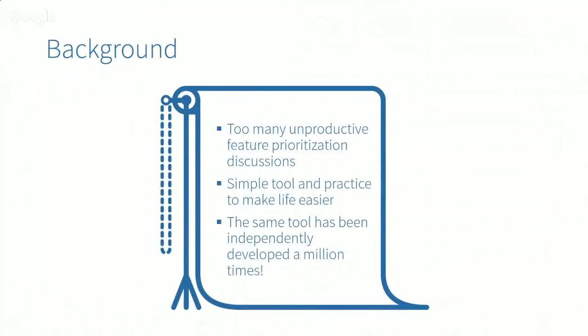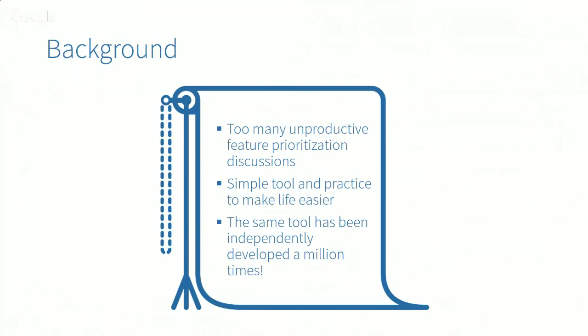So what is the background to this topic? I've been a product manager a long time in big shops. A lot of people have opinions. And I was always finding myself in these conversations that I didn't think were particularly productive around what should we include in the release, what shouldn't we. Sometimes we had discussions about whether we should build or buy.